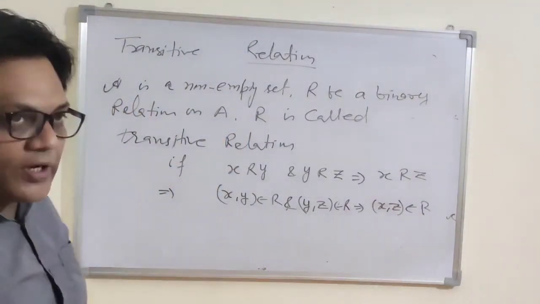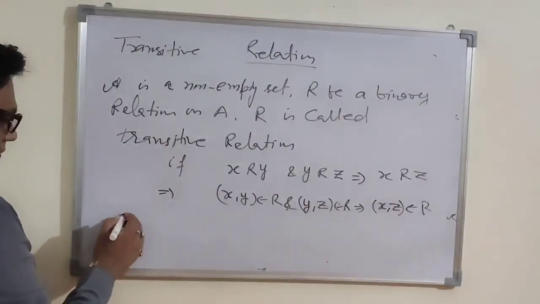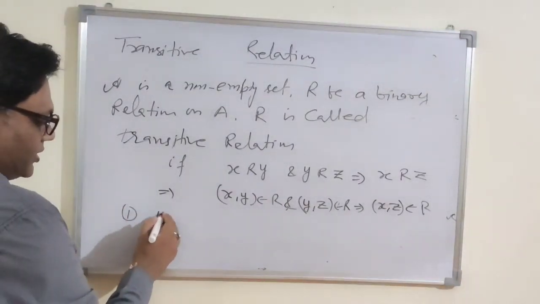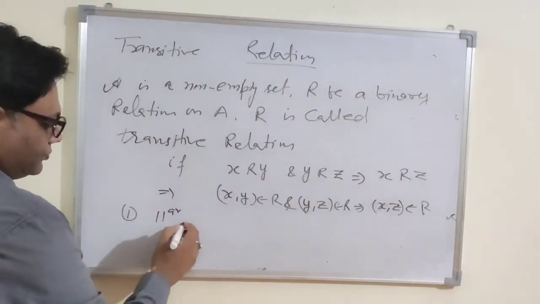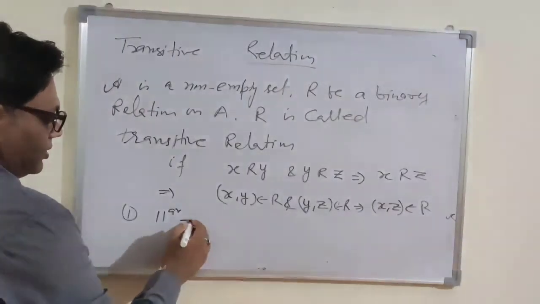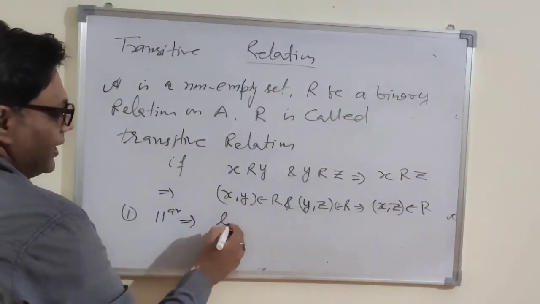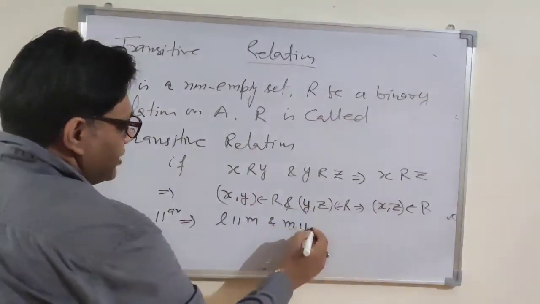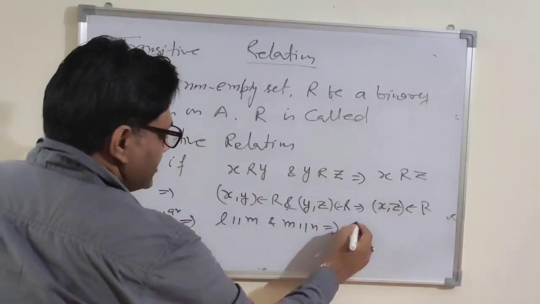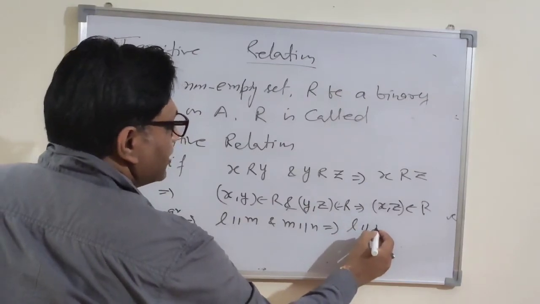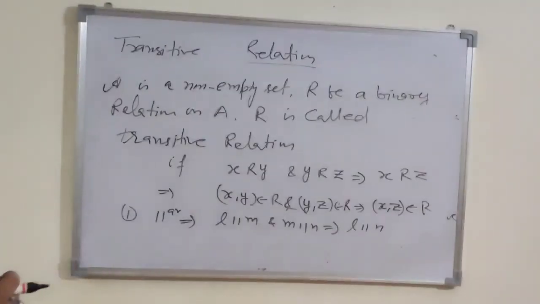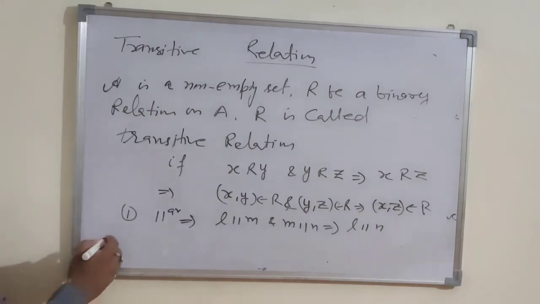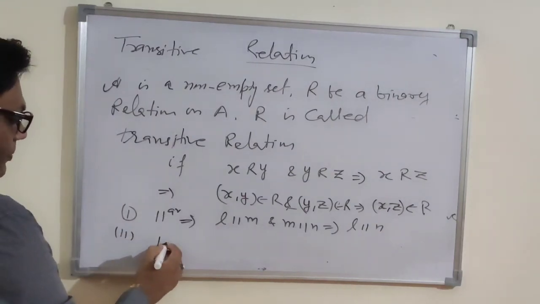An example of the transitive property: first, we use parallel. If L is parallel to M and M is parallel to N, this implies L is parallel to N. So it is a most important example of the transitive property. And the second, we use perpendicular.